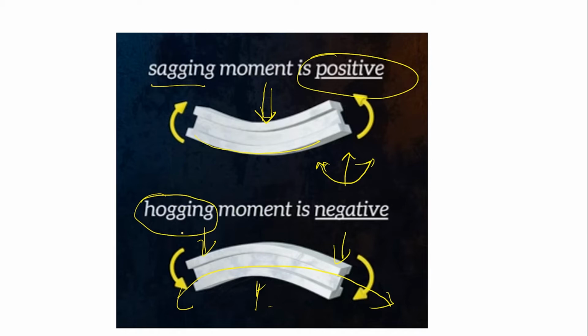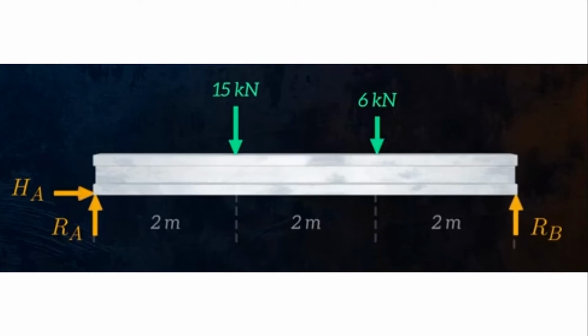For us Filipinos, para madaling tandaan, going upward ang beam, positive. Pag nag-bend downward because of the forces, ito ay negative. Okay? So yun yung mga kailangan na basic knowledge.